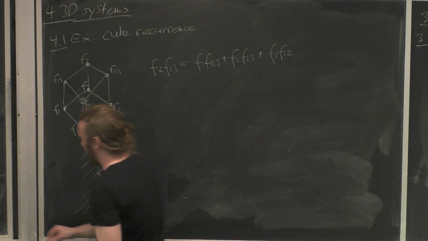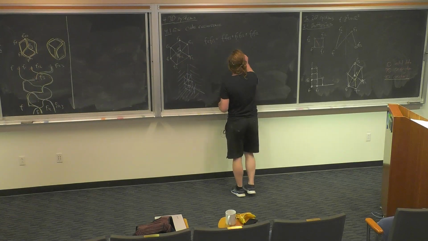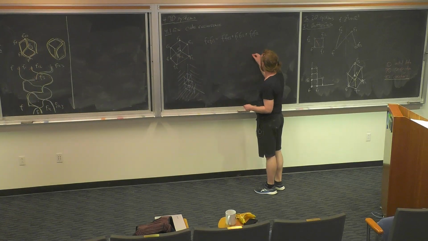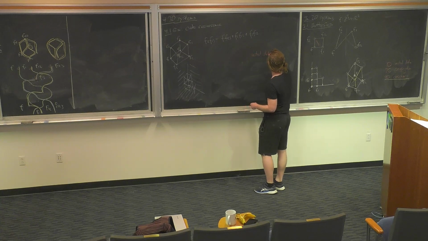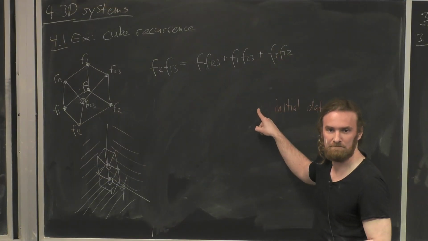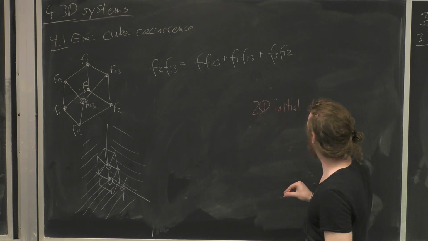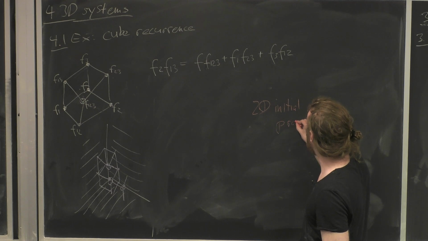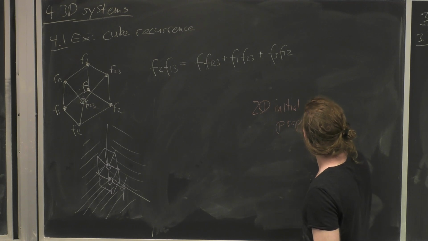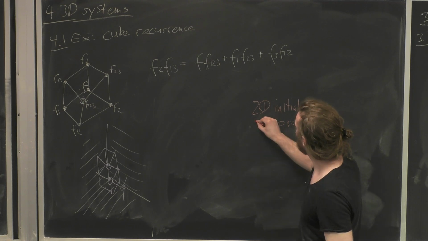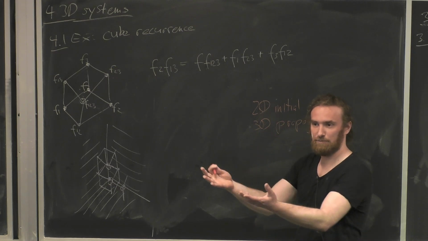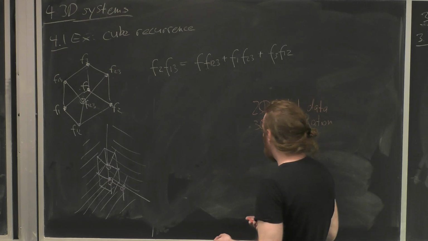Okay, so let's draw our box. Now, what's our initial data? What should I write here? 2D. Propagation is then 3D because I propagate in cubes.